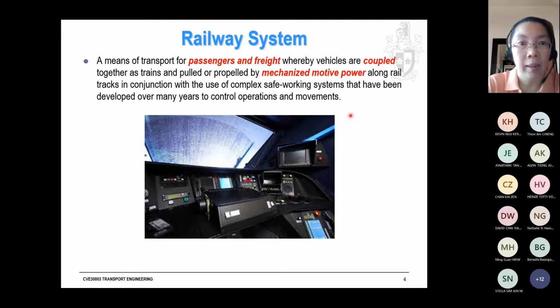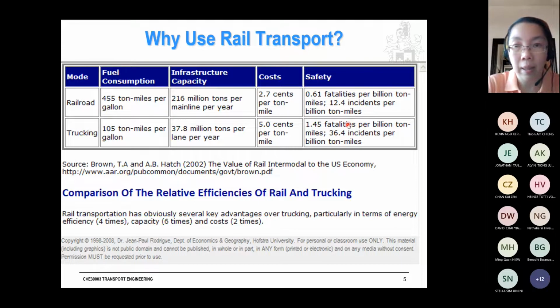If we look at this, why do we need to study this unit, or why is this rail system part embedded into this transport unit? If we look at this table, we are comparing between the railroad and the trucking system, or heavy vehicles.